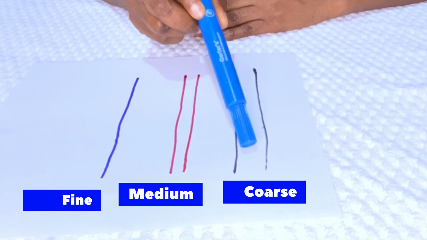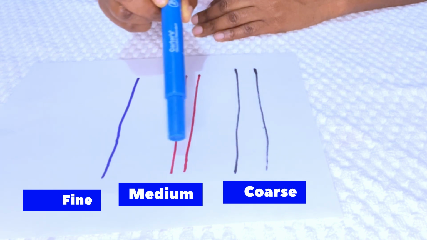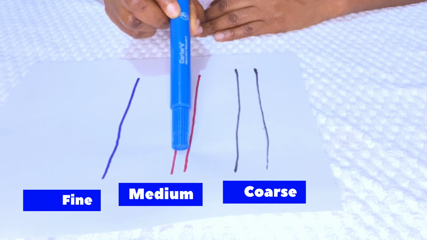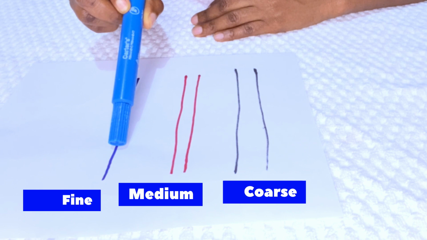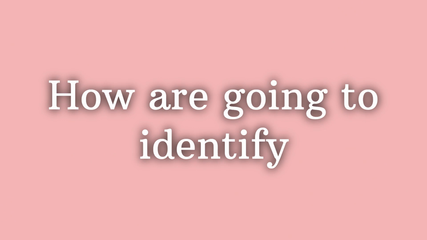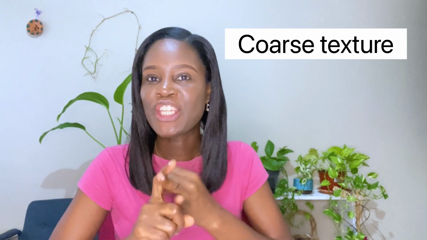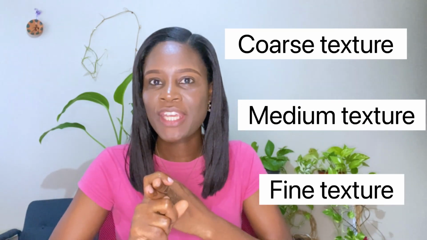So first we would have coarse hair that has the largest diameter, followed by medium texture, and then fine hair would have the smallest diameter. So this is for you now. How are you going to identify whether you have coarse texture, medium texture, or fine textured hair?